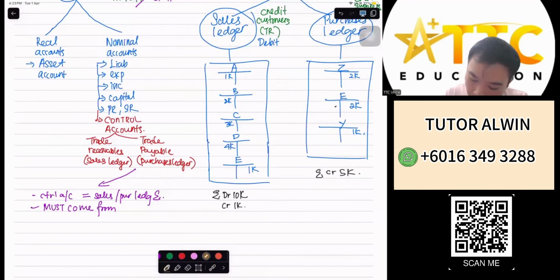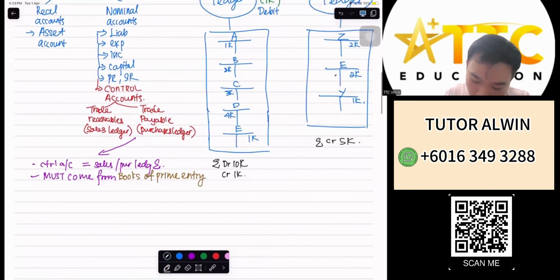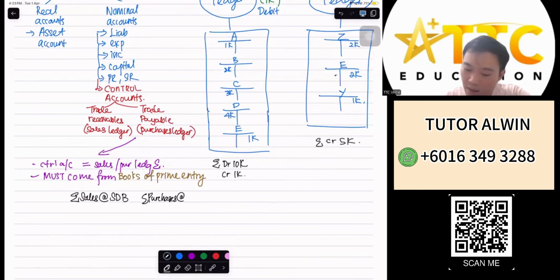Okay, from books of prime entry. Meaning to say, for example, all the total sales will come from the sales day book. As for the purchases, all the credit purchases must come from the purchase day book or the purchase journal.